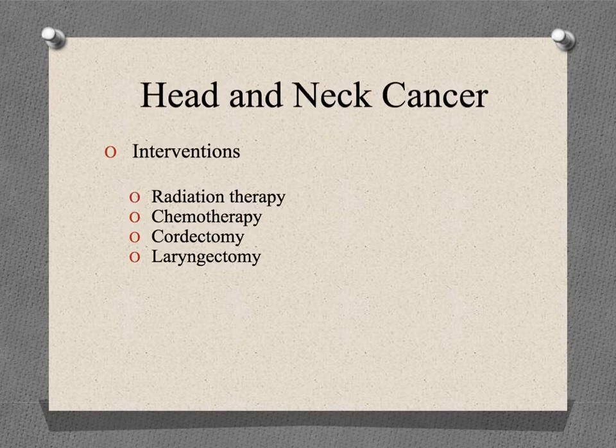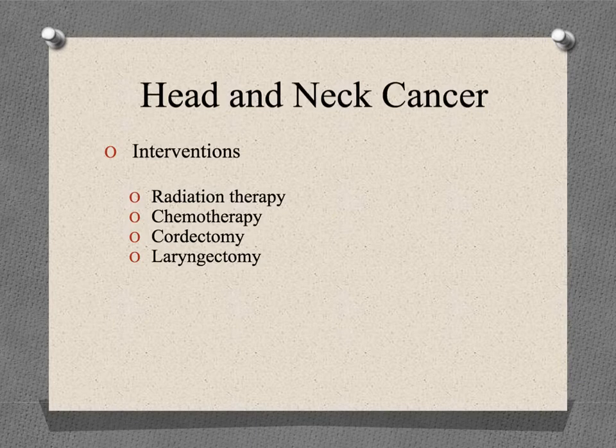The important thing to understand here with head and neck cancers is that we'll do an assessment and find a patient who appears to be at risk for having a head and neck cancer. X-rays, CTs, and MRIs are also tools that we use to diagnose this.